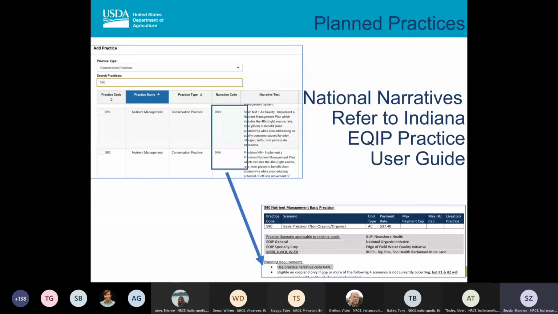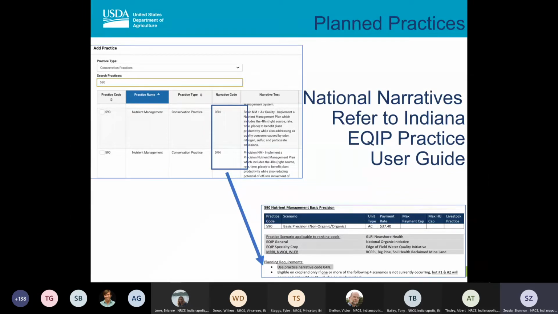And we attempted to link those narratives with the appropriate practice payment scenario in EQIP through the practice user guide. Okay, so again, I'll show you where that is on the practice user guide. If you haven't dove into the material that's been issued yet for EQIP and other programs, that's a new feature.